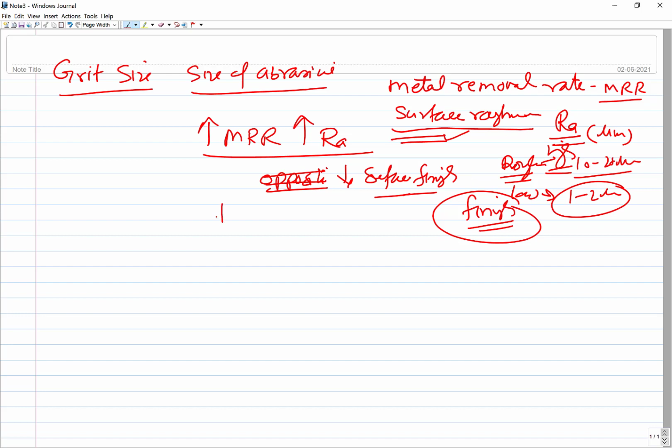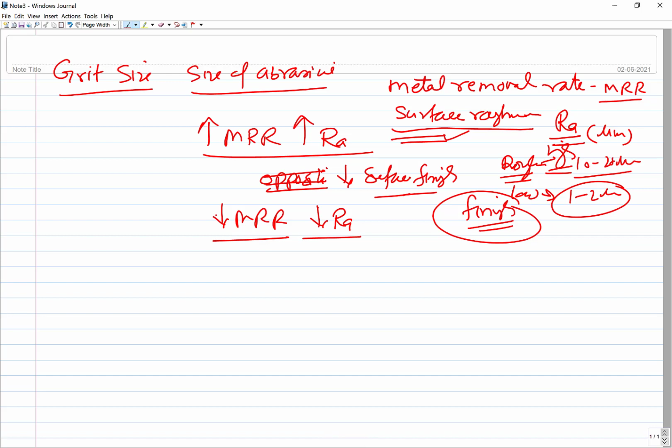So with low MRR, usually we get the low Ra. Lesser metal removal rate means longer time it will be taking to get the desired tolerance and the desired finish.